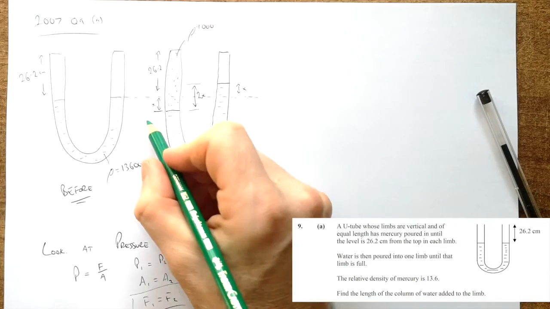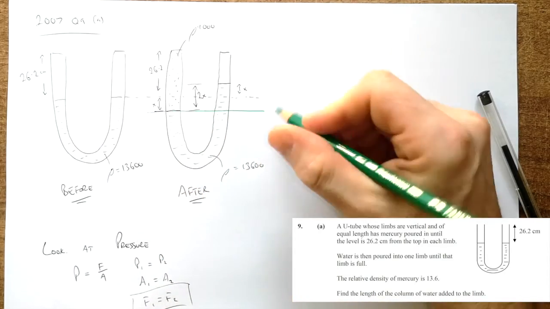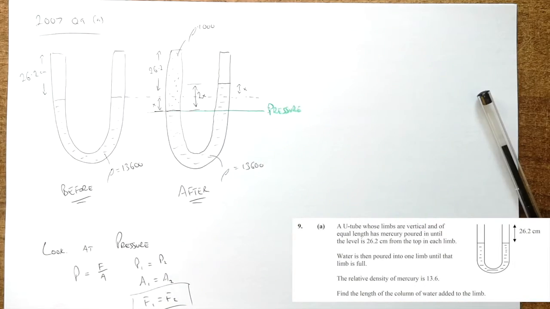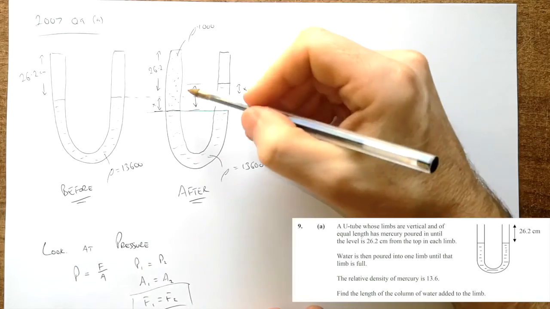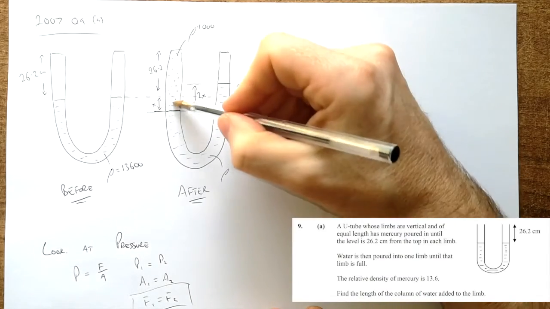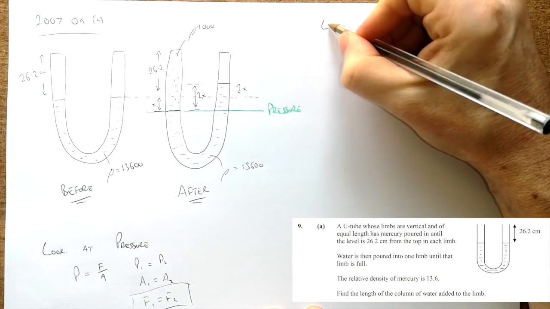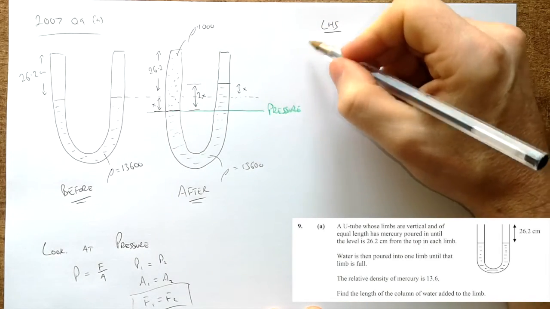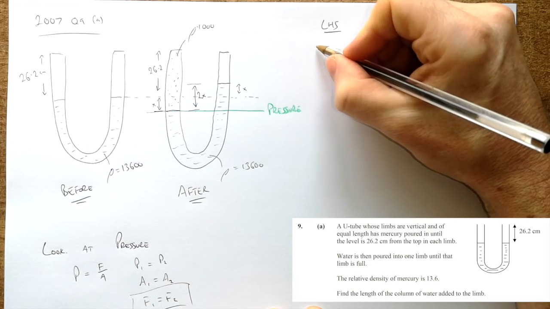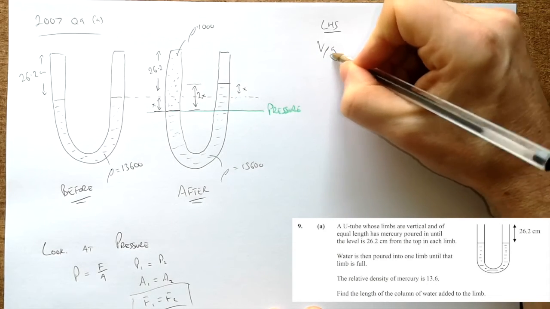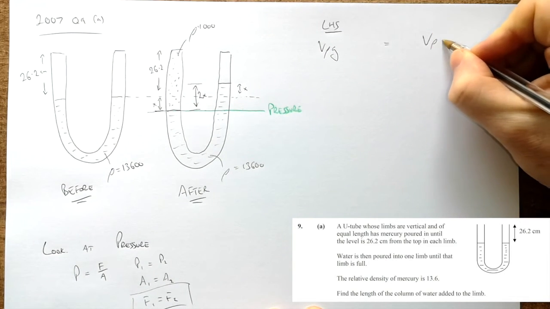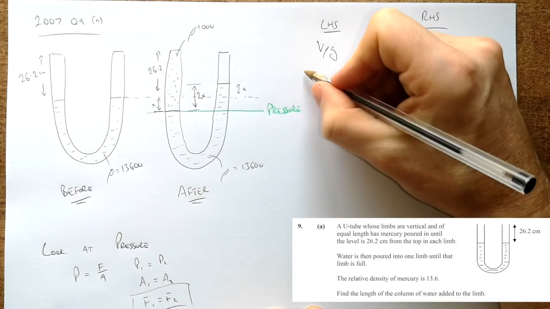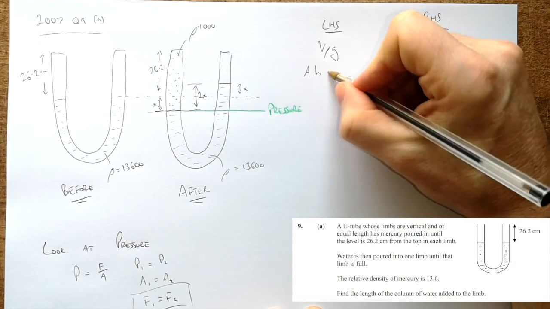I'm going to take the pressure at this point here. Now, what have I got above each side? On the left-hand side, I've got all this water, so we're going to use the equation V rho g. V, of course, is the area by the height, times rho g.